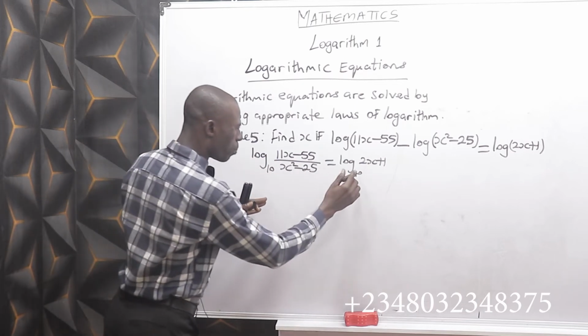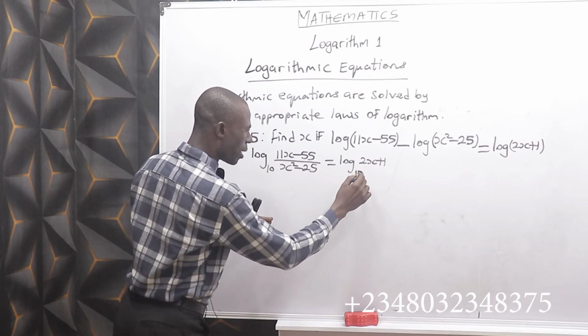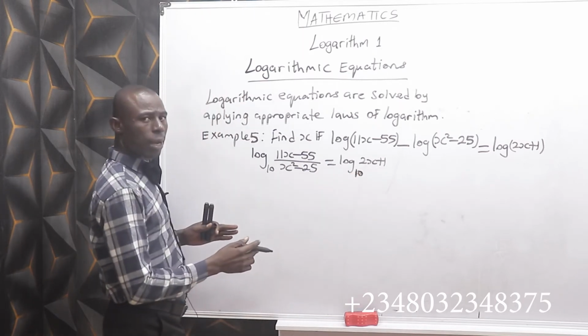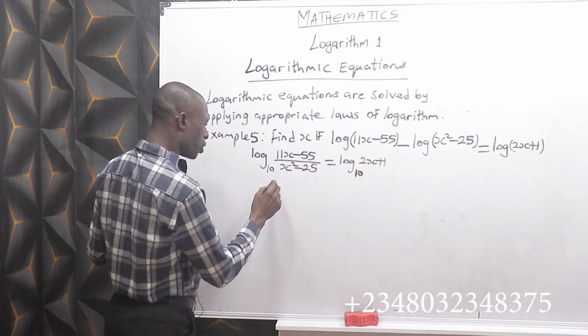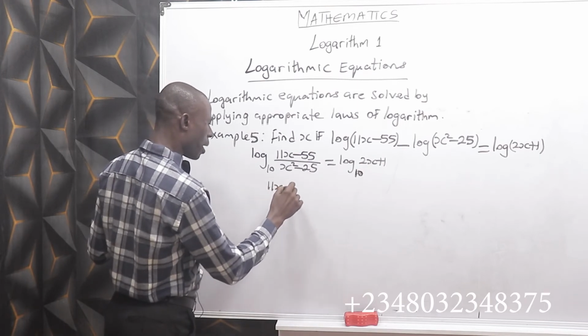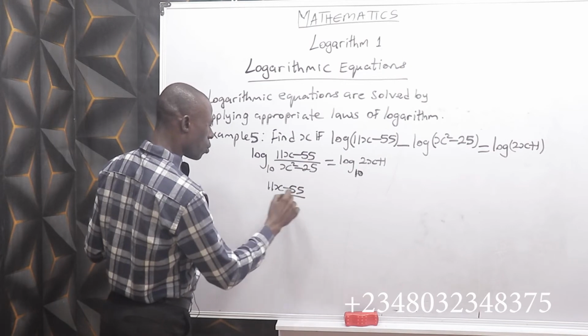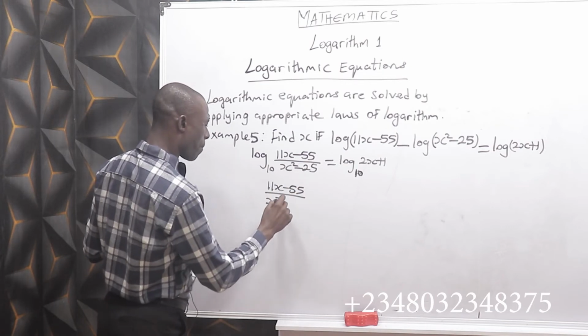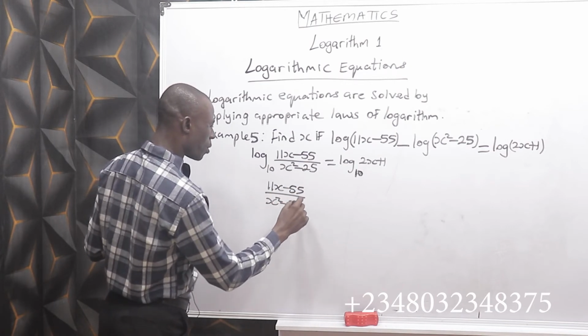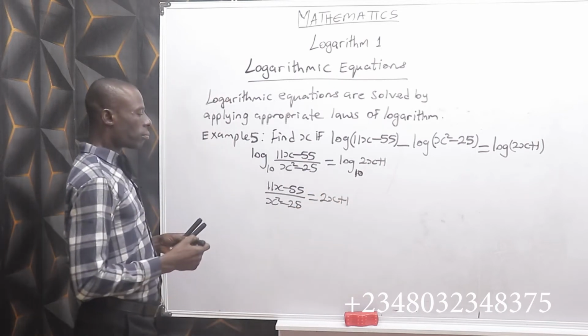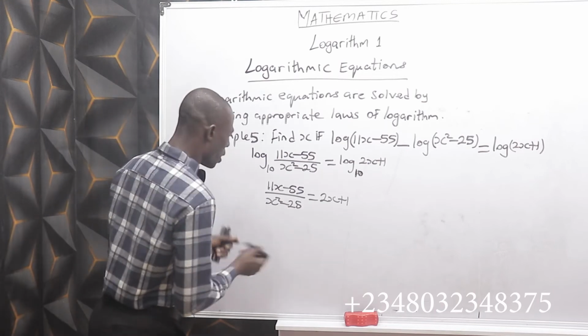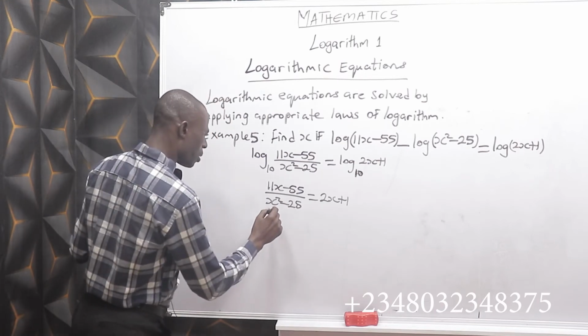Because we have equal base on different sides of the equation, then we agree that their numbers of logarithms are equal, and which is (11x minus 55) all over (x squared minus 25) equals 2x plus 1. Let's simplify this.